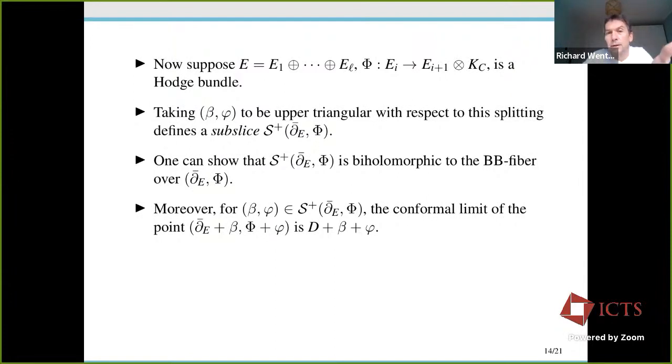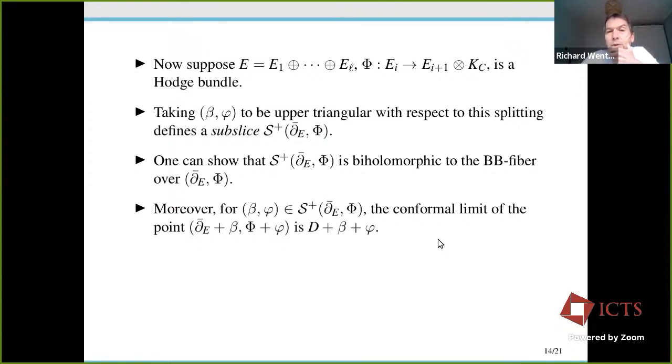That takes this slice in the de Rham moduli space that is identified with what I call W0. I should have written that here. Sorry. This statement here is identifying the slice with W0, and the map to W1, the biholomorphism, is just this easy correspondence here that we've obtained. And that's what the conformal limit is.